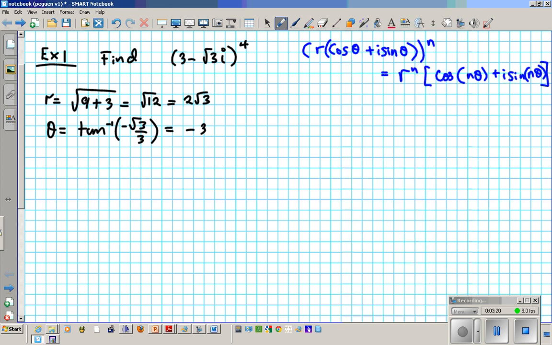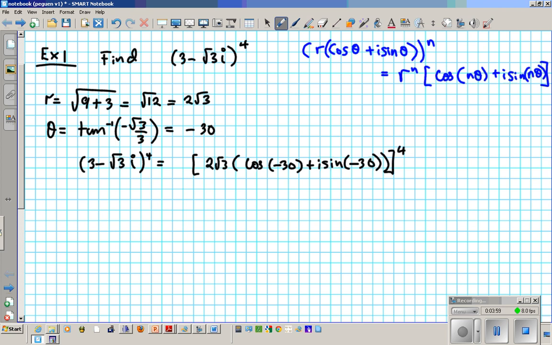So let's rewrite this whole problem in polar form. 3 minus root 3i raised to the fourth power equals the radius, 2 root 3, times cosine negative 30 plus i sine negative 30, and raise the whole thing to the fourth power.